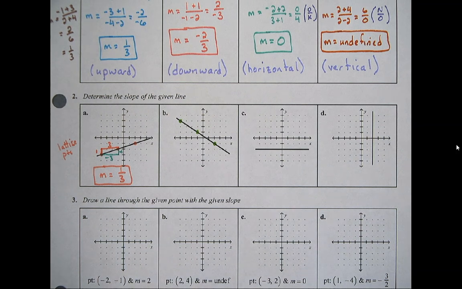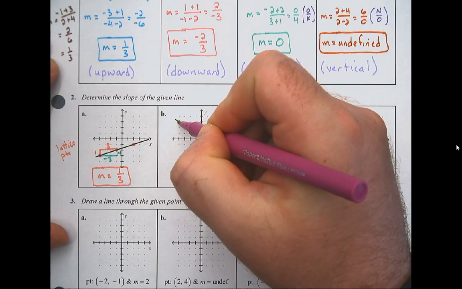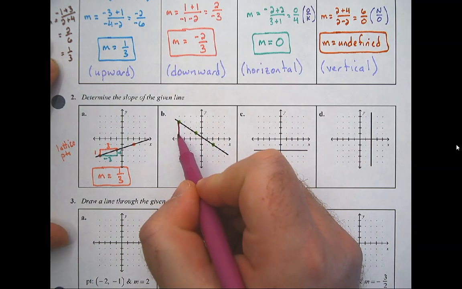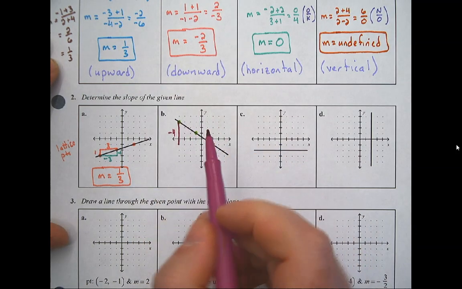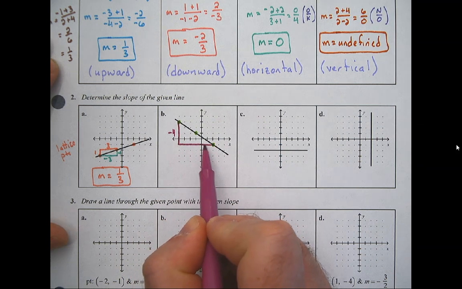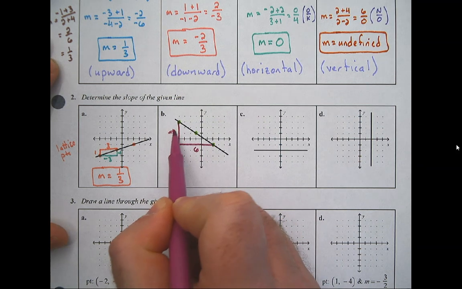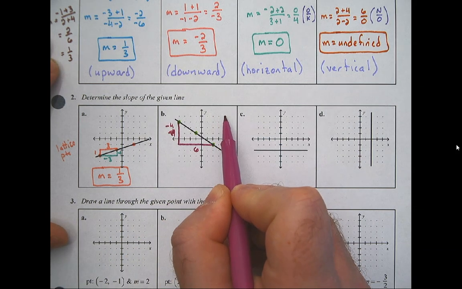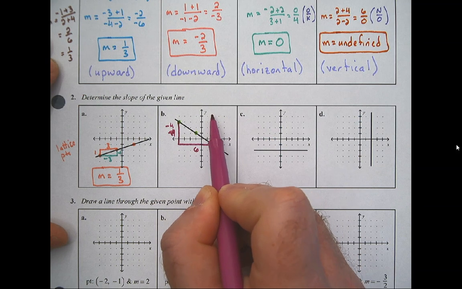Let's see. So let's go. This time I'm going to go down 1, 2, 3, -4. And I'm going to run 1, 2, 3, 4, 5, 6. Remember that when you count things on the coordinate plane, where you put your pencil, that's 0. And then you start counting -1, -2, -3.